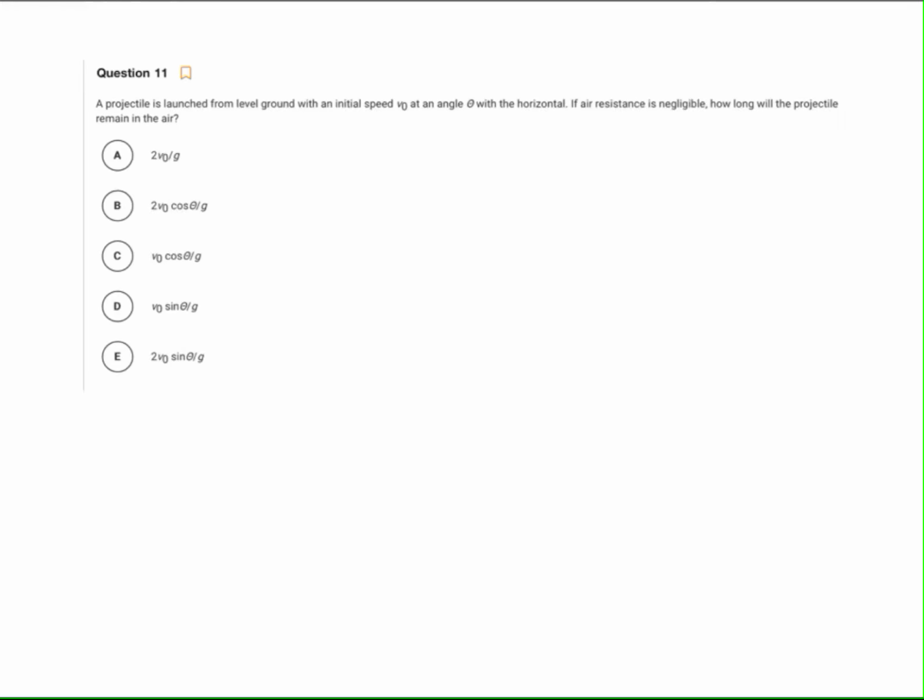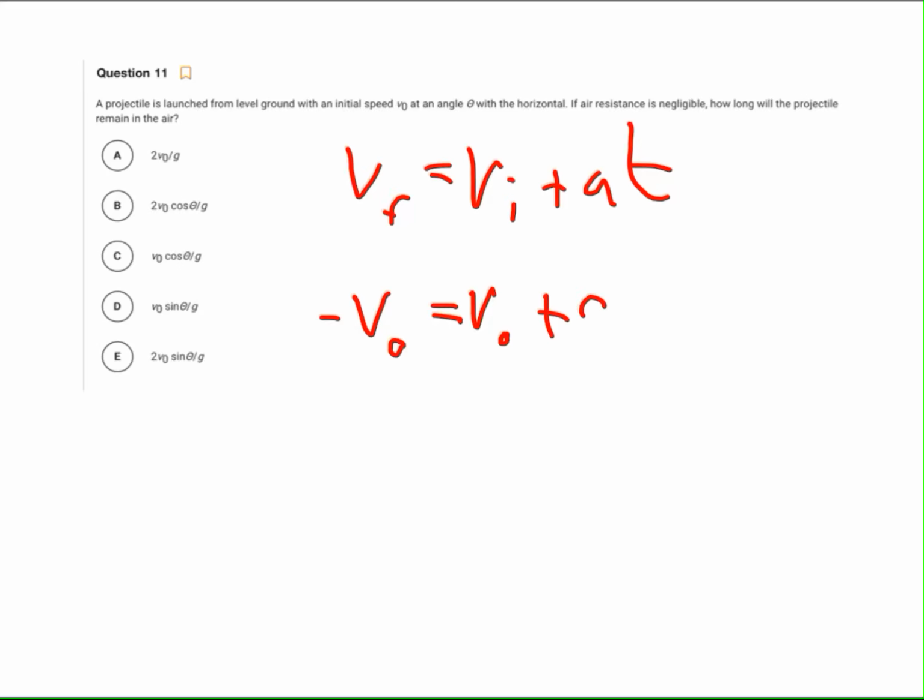Moving on. Okay. A projectile is launched from level ground with an initial velocity V0 at an angle of theta. If air resistance is negligible, how long would the projectile remain in the air? Well, we have V final equals V initial plus AT. Now, we know that V final is going to be -V0, and this is going to be V0 plus AT, right?